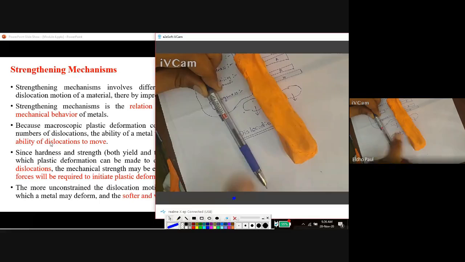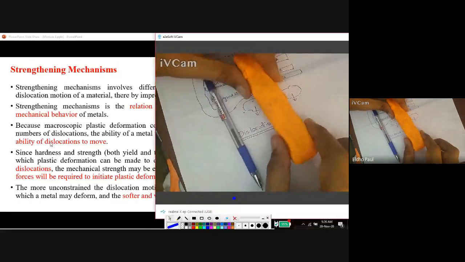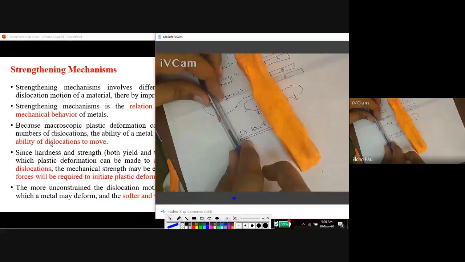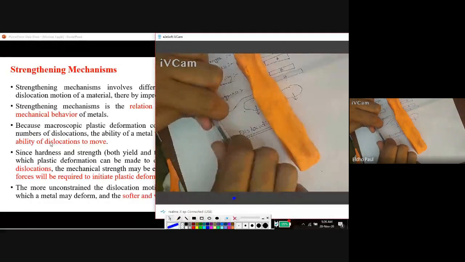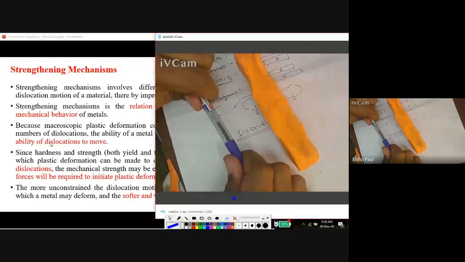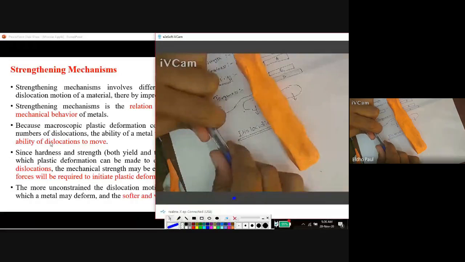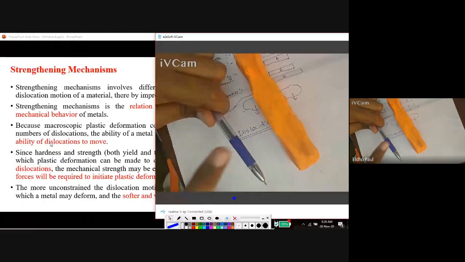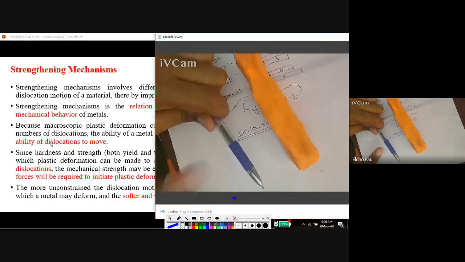Here, we need to apply only a very small amount of force for plastic deformation. But here, for any plastic deformation, we have to apply a very high amount of force. This additional force is used to overcome the resistance against the dislocation. If we apply more force on this material, it will deform.